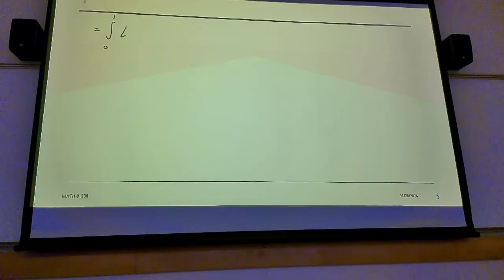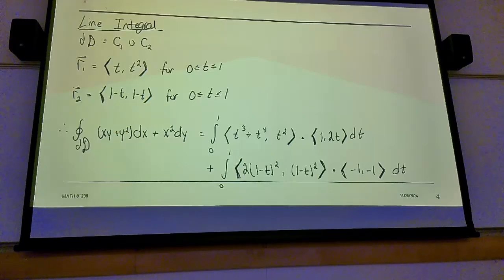You perform the second dot product. There's our setup for the line integral.